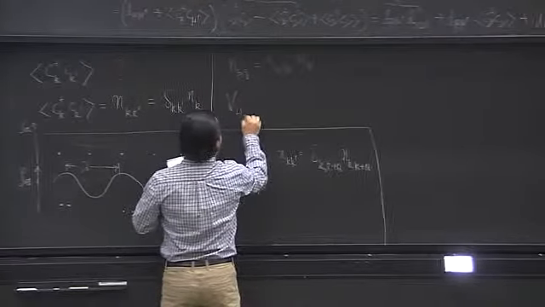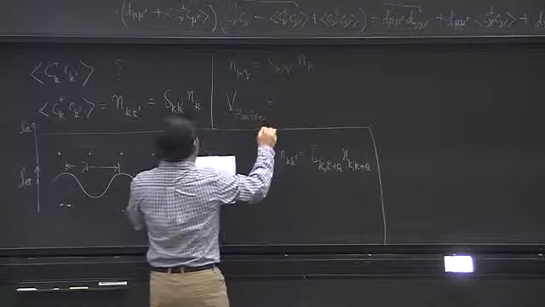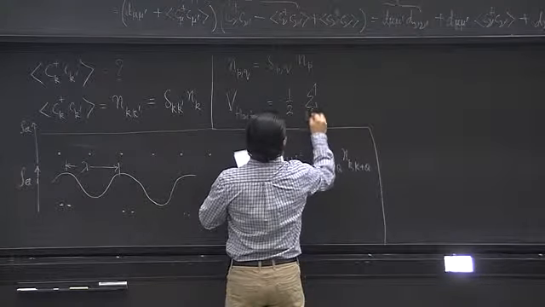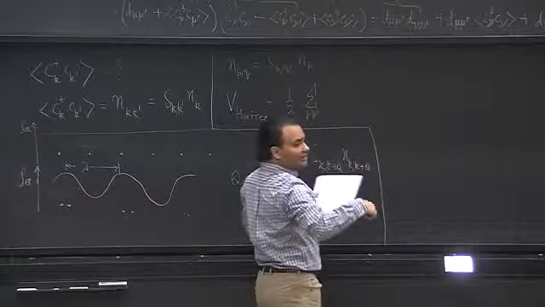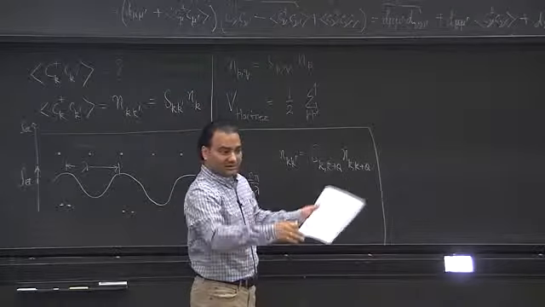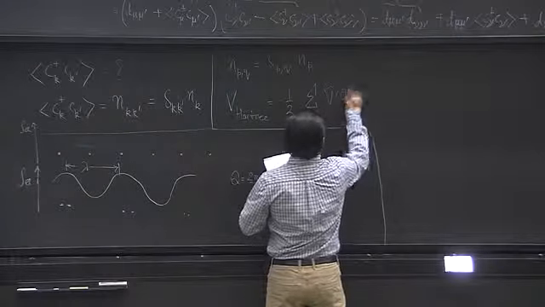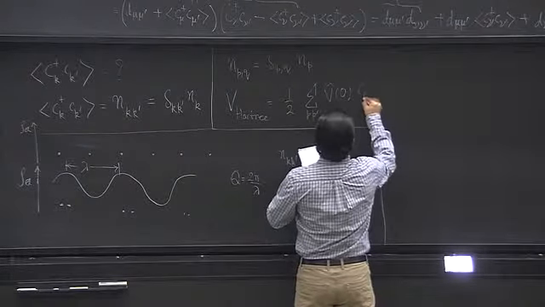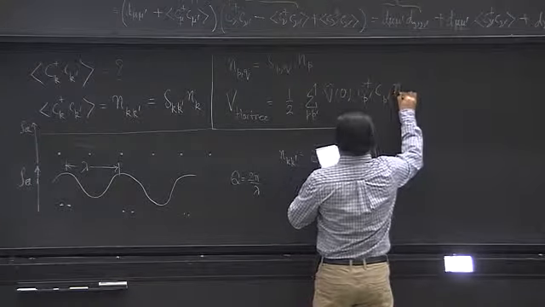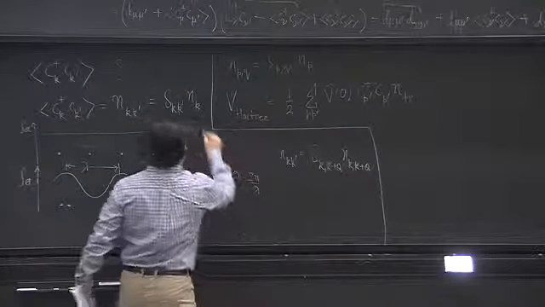So I will just do the Hartree term, and what you will find is you have a factor of half, sum over P prime, because of this delta function. Another momentum index will disappear, and you will have V tilde of 0, c_{P'}^dagger c_{P'} n_P. Actually, let me just put this back.